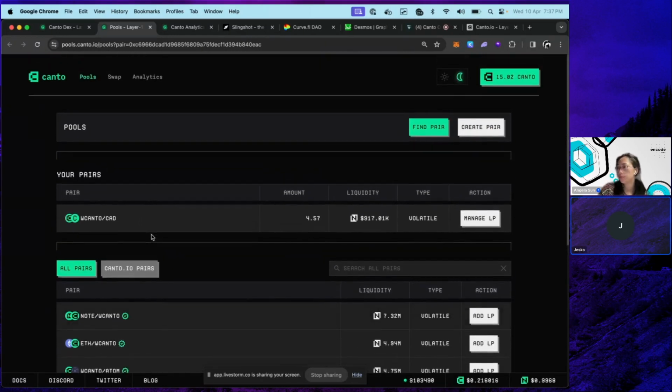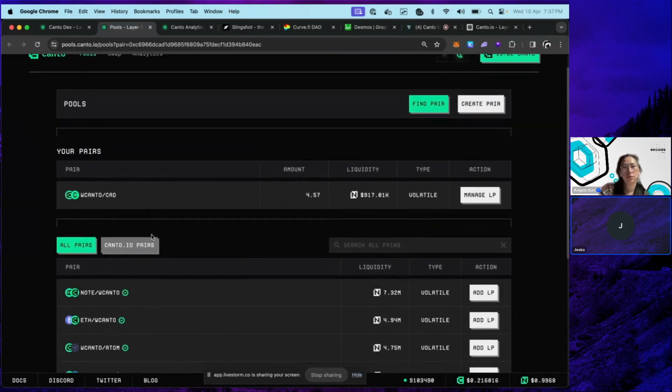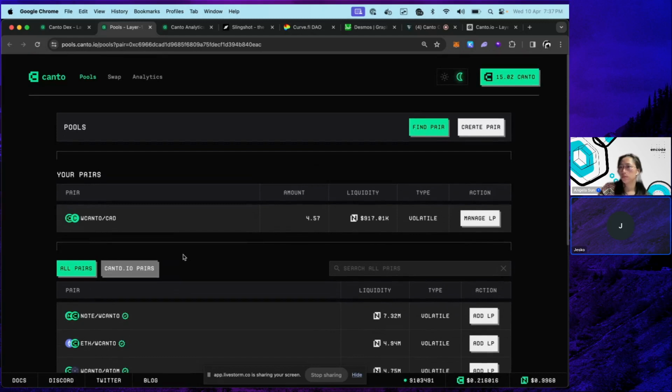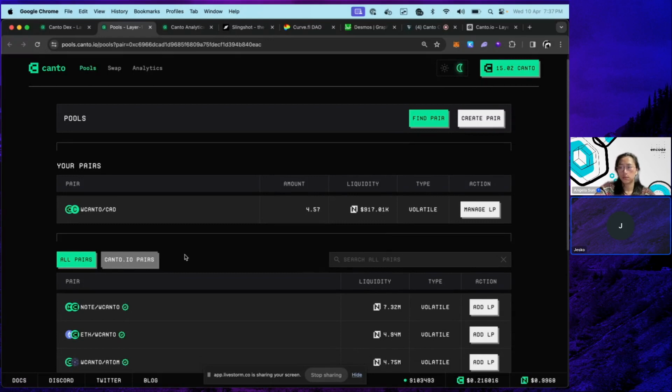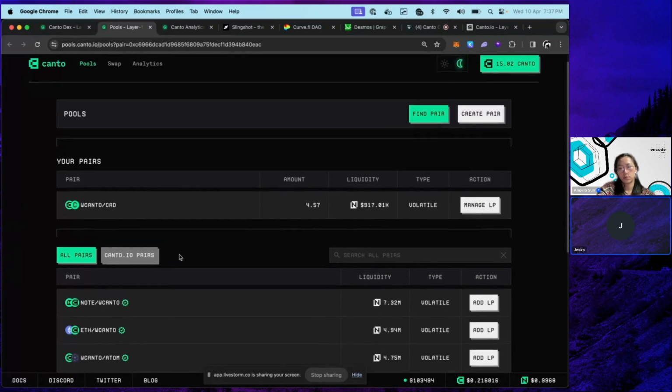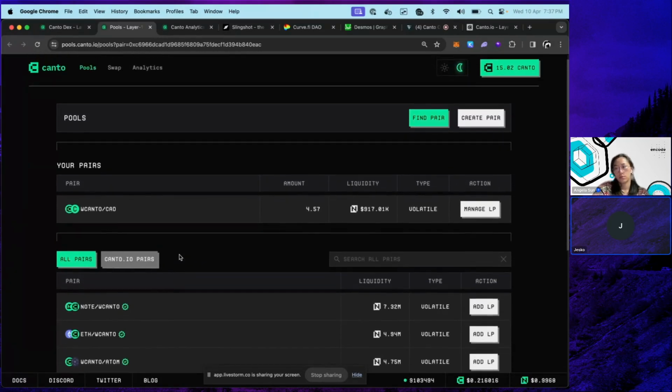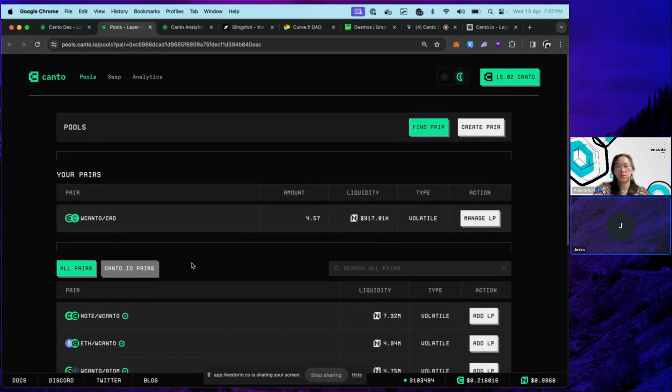One more important thing is that we all know Canto follows the free public infrastructure paradigm, and the DEX, along with the lending market and the stable coin note, forms the very basis of this free public infrastructure, right? How FPI ties into this Canto DEX is that Canto has removed all LP fees, right?